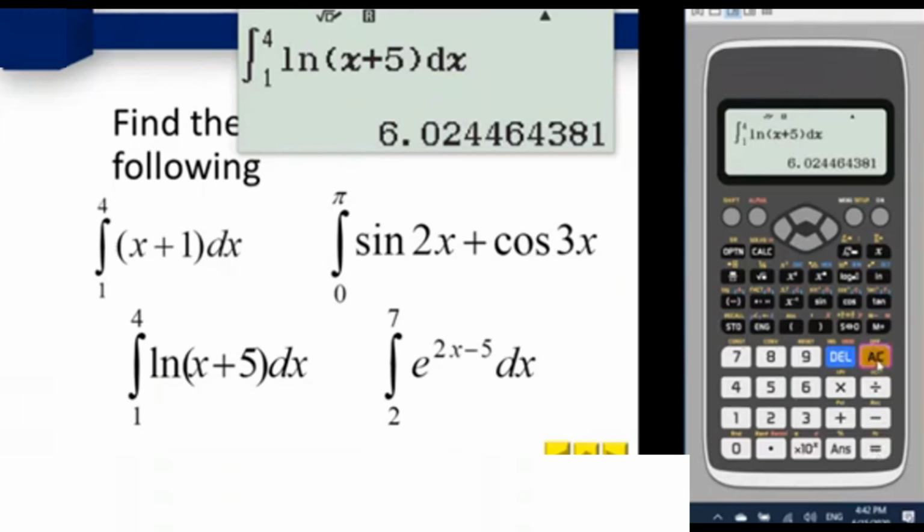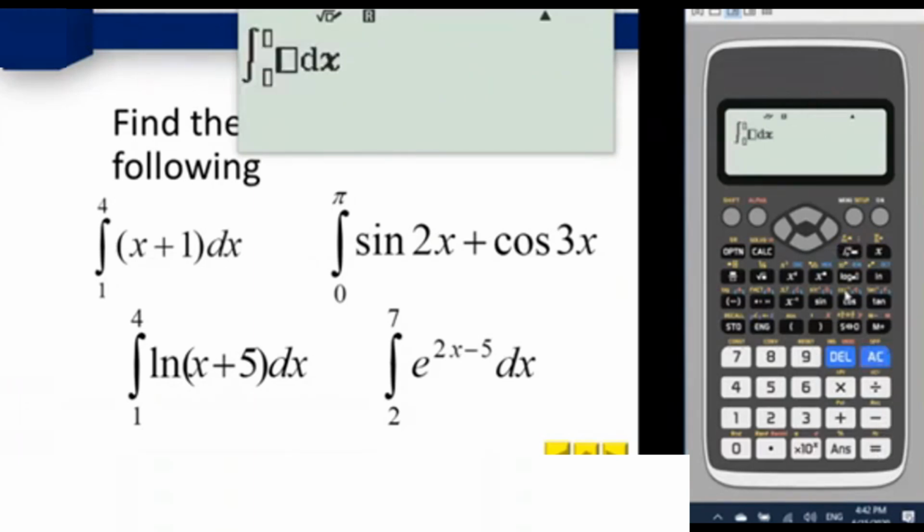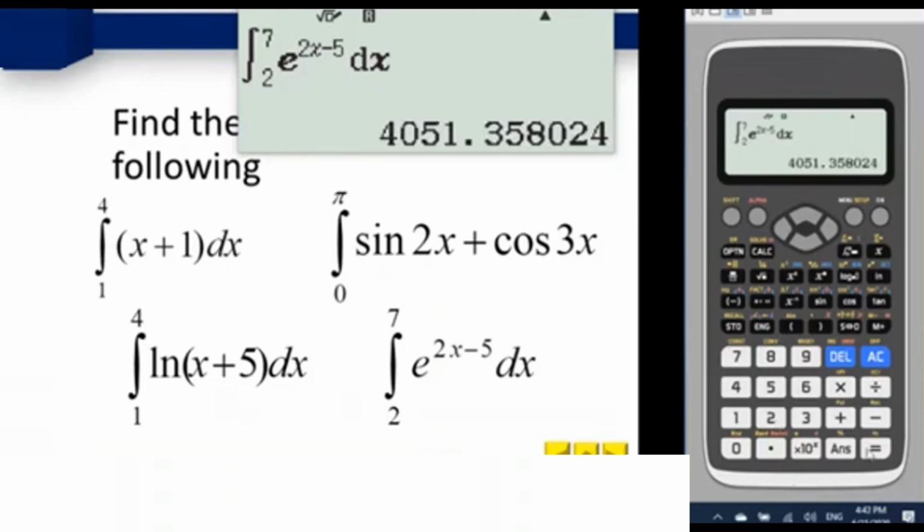And the last integral is e, that is shift ln, 2x minus 5. I'll go back, I'll scroll up, 7 and I'll scroll down, that is 2. Upper limit is 7, lower limit is 2. e^(2x) minus 5. I will press equals to. The answer is 4051.358. I hope this is clear to all of you.